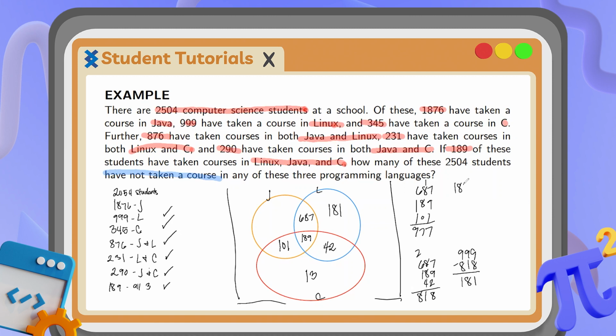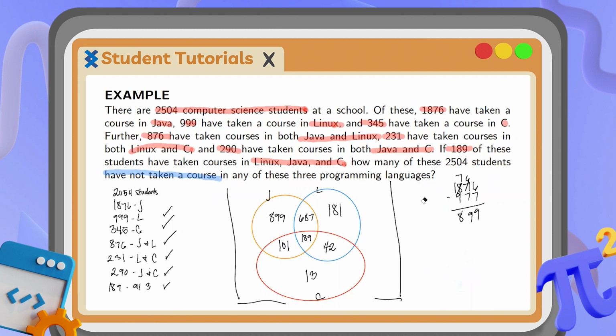So subtract 977 from 1,876 to get those that took only Java. That would be 899 students that took Java only.